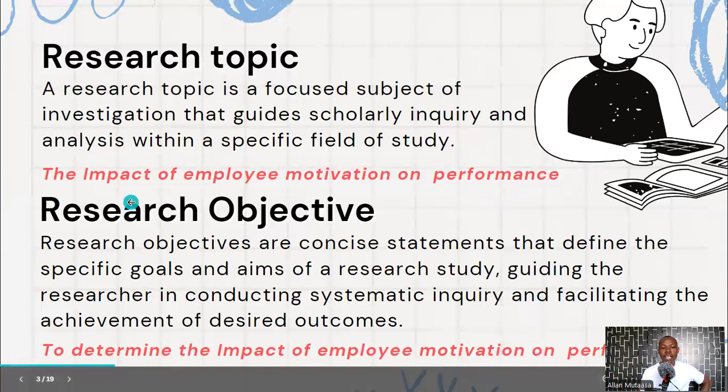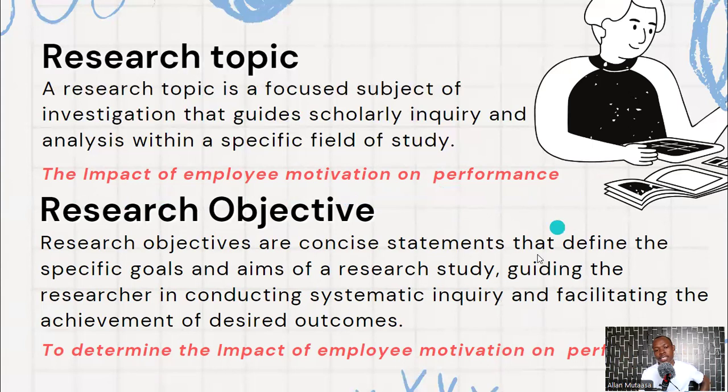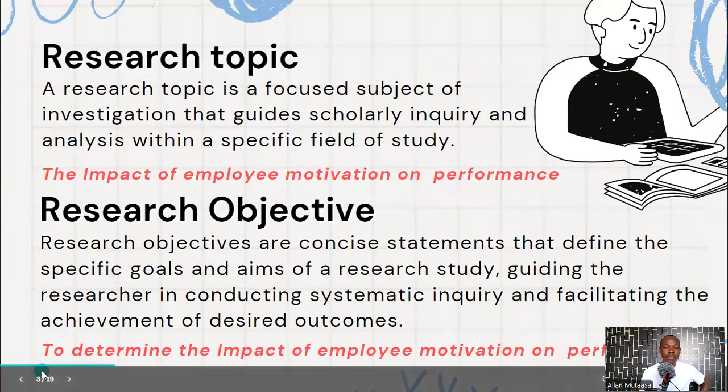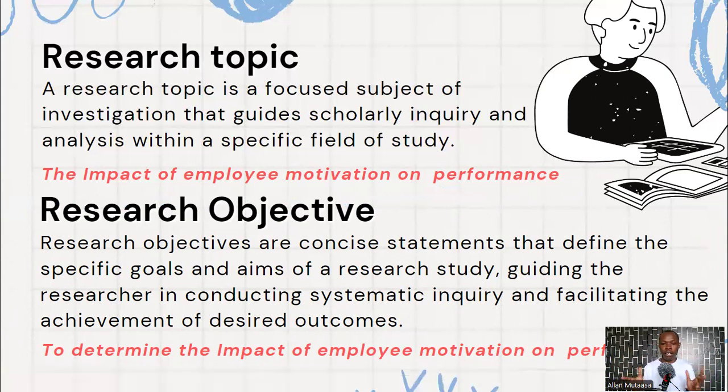So that is the main objective. That is what you want to do. The objective is more like, what do you want to achieve when you do the topic? You want to determine the impact of employee motivation on performance. So your research should follow a trend which is similar to what we are talking about.